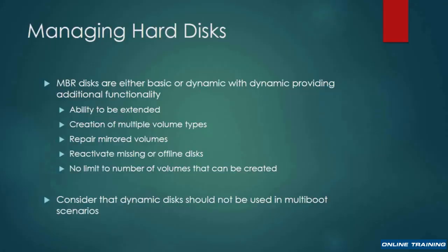The only time dynamic disk should not be used is in a multi-boot scenario. So if you're dual booting between Windows 7 and Windows 10 or Linux and Windows 10, you don't want to use dynamic disks because the dynamic disk is only readable to the operating system that's actually using it. And it's because it puts a little dynamic disk database on the drive itself, and that's unique to that particular computer.